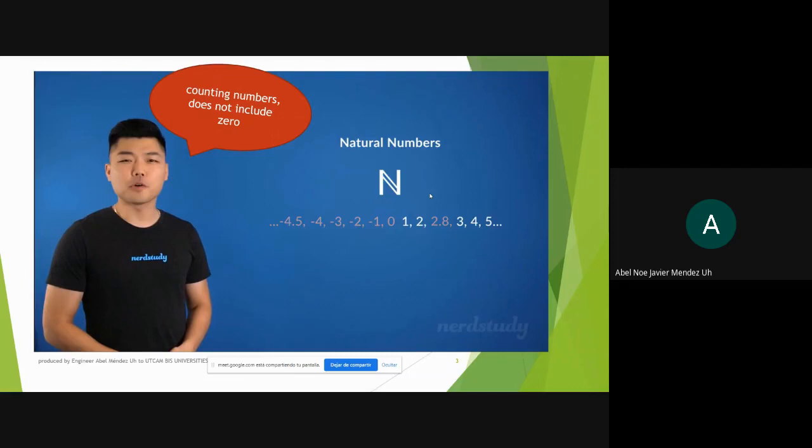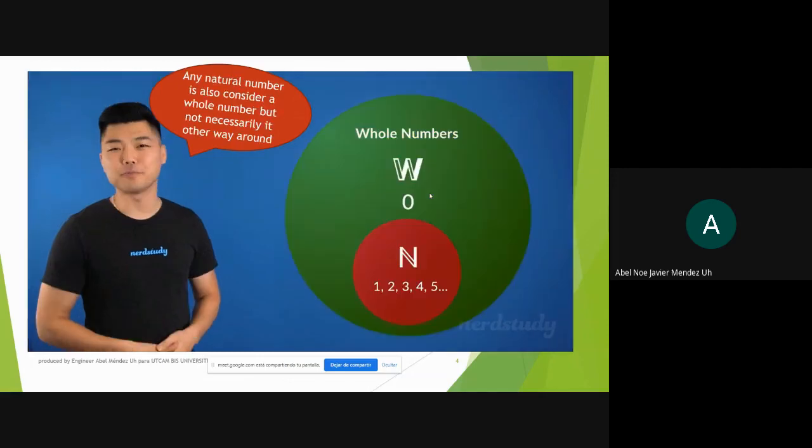Okay, the counting numbers do not include zero. The natural numbers do not include zero and do not include the negatives. Natural numbers, capital N: 1, 2, 3, 4, 5, and so on. They do not include zero and do not include the negatives. Remember, that is very important.